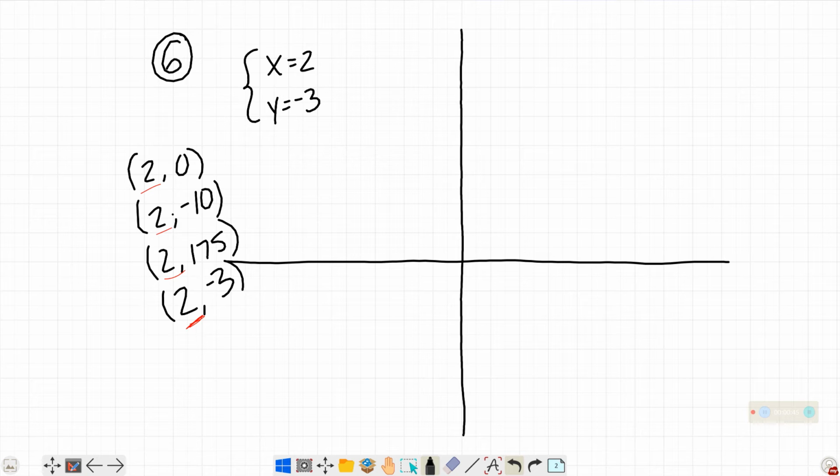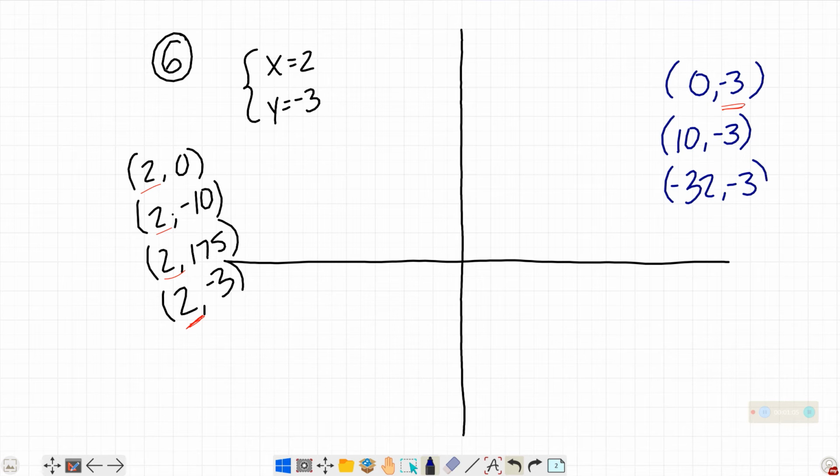In the equation y equals -3, I can have any x value as long as y is -3. So I could have +10, -3, as long as I have a -3 in the y's position. I could have -32, -3, because that also has a -3 in the y's position.